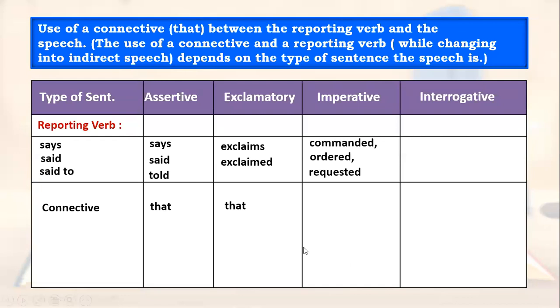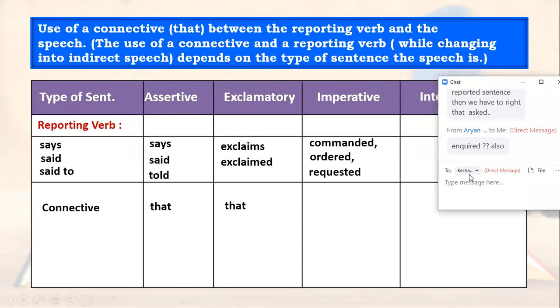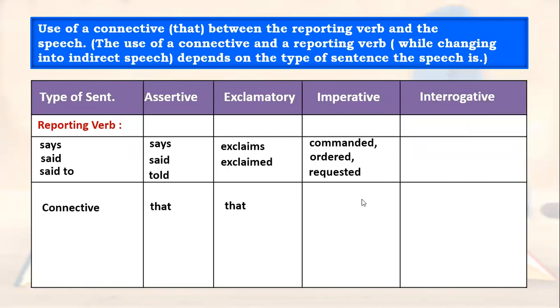But not to mention and not to forget here, connectives are also going to change here, but not to that. Rather, we are going to change the comma to plus verb, that is infinitive.